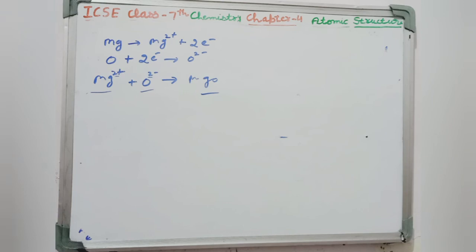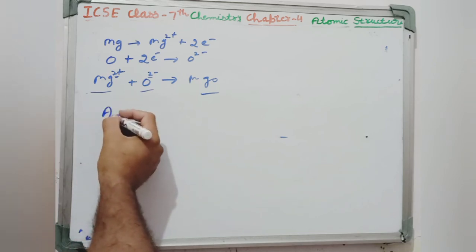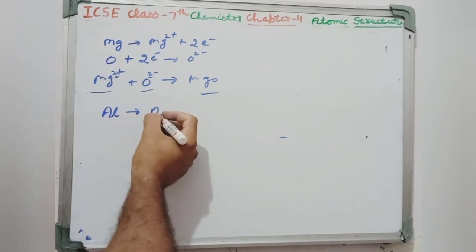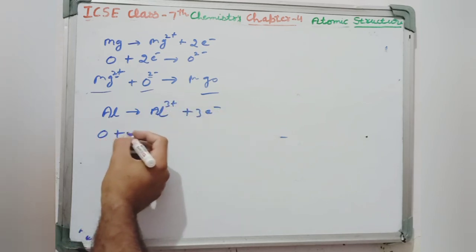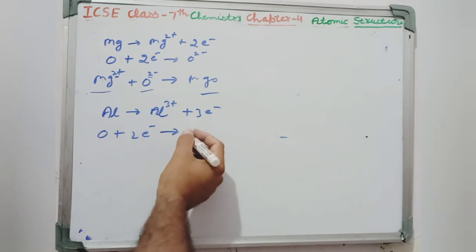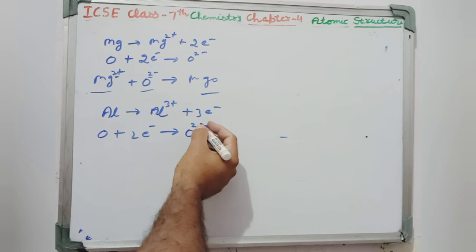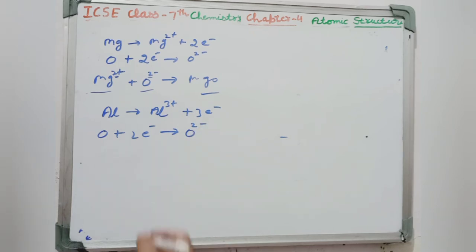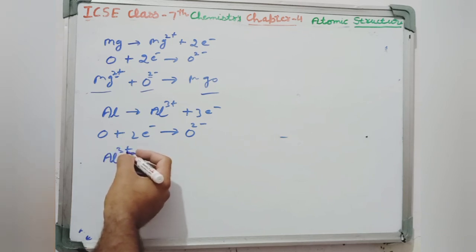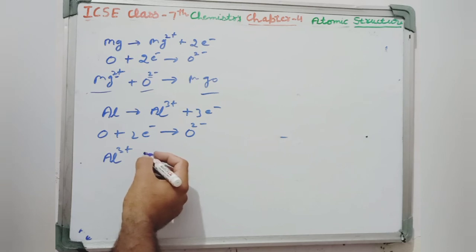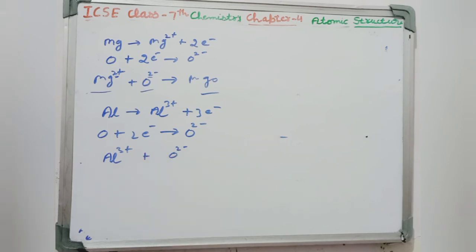Now this was the same. If different, suppose aluminium atom loses 3 electrons and oxygen gains 2 electrons. If we want to combine them, Al3 plus and O2 negative.